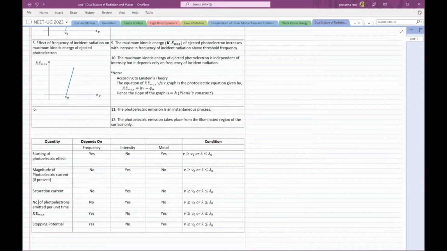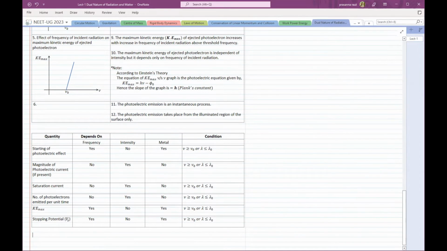And stopping potential, which I denote by e times Vs, is dependent on frequency, not dependent on intensity, but depends on metal. If you are aware of these things and the conditions, then you might be able to solve these questions.